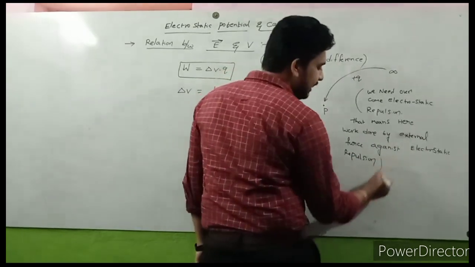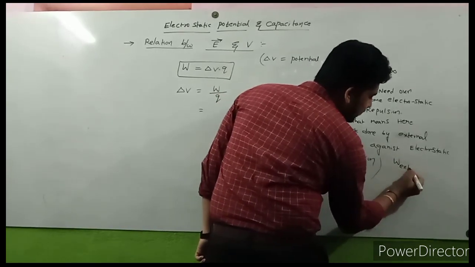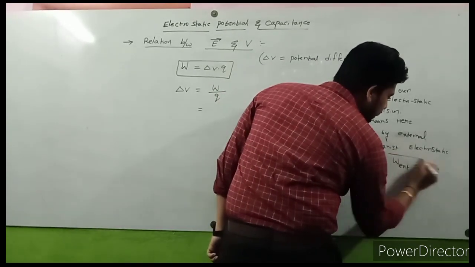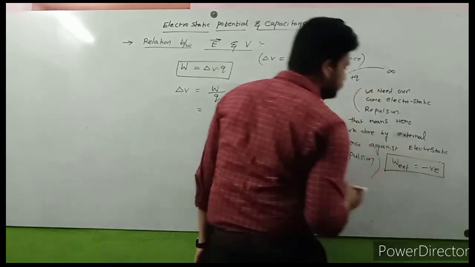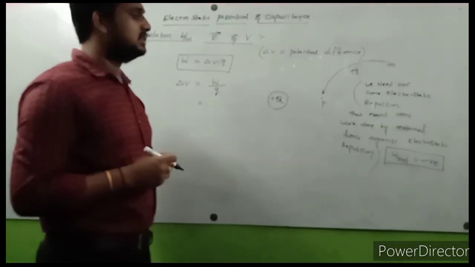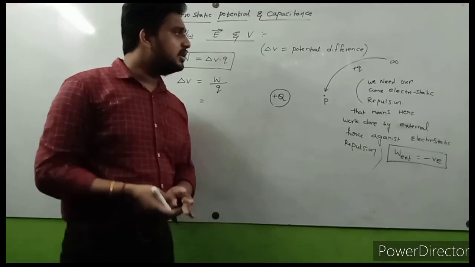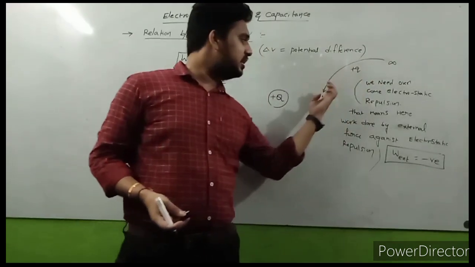That means definitely W external is negative here. Work done by the external force is negative because we bring the charge from infinity to the point, and that is a positive charge.